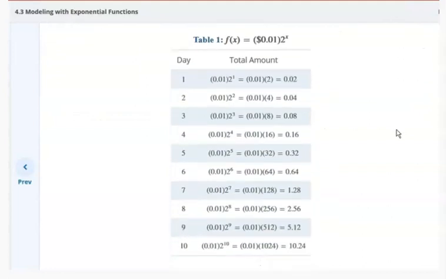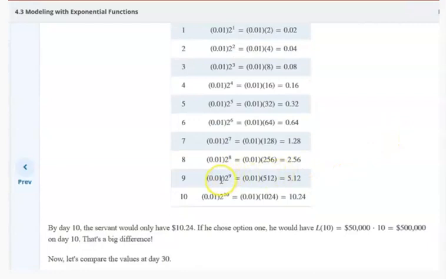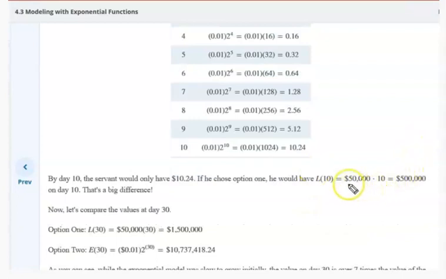Now in table 1, we're going to double the pennies. And you don't have to write this down, but just try to imagine the concept that after 10 days, you have $10.24. And for the $50,000 being added each day, you end up with $500,000. But note this, how about after 30 days? And this is just 2 pennies a day, doubling.